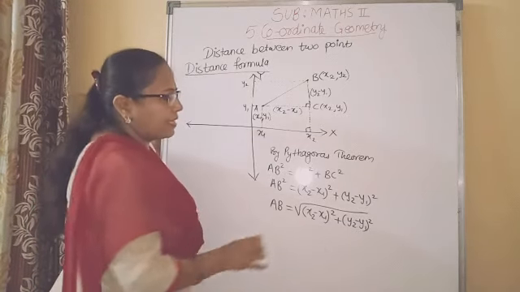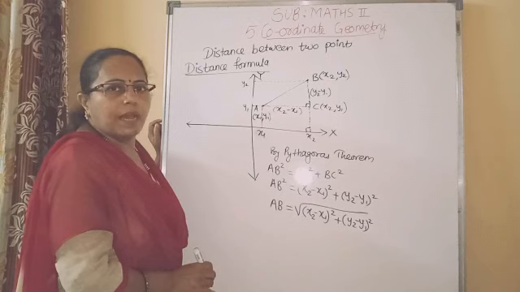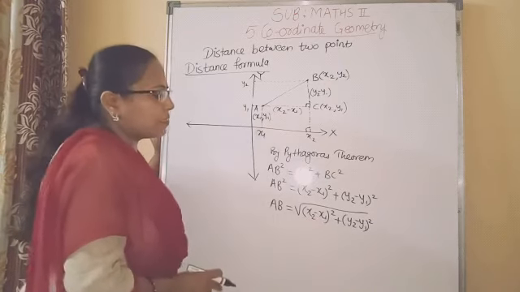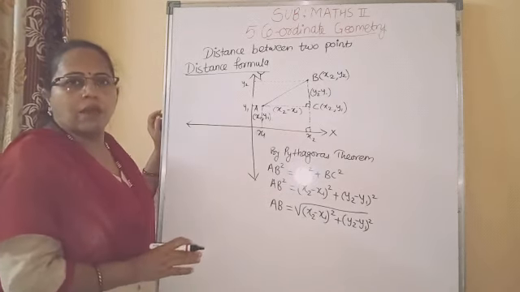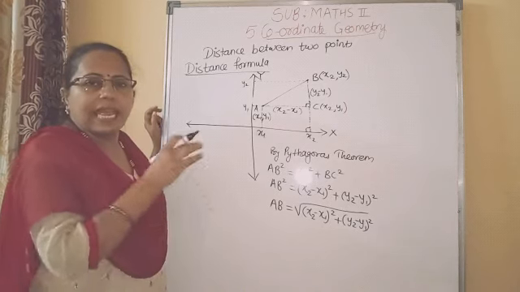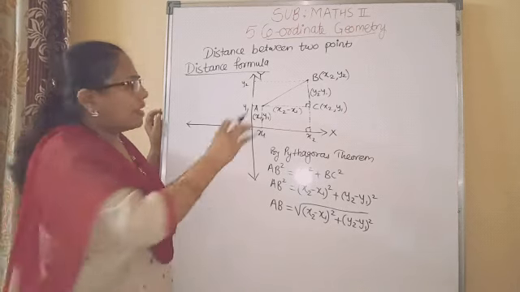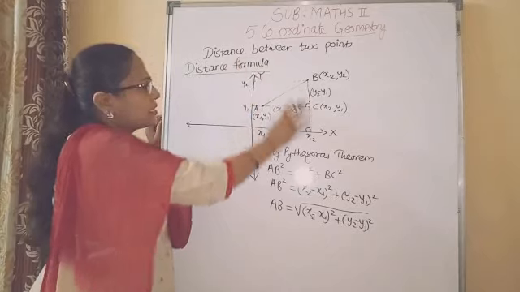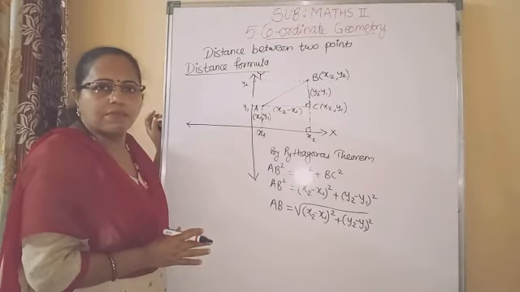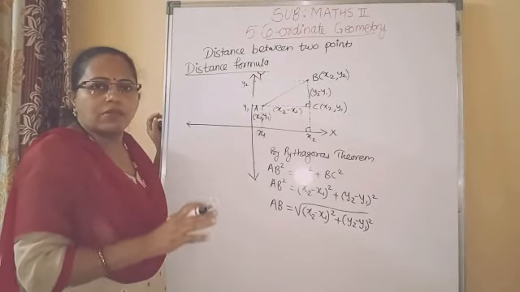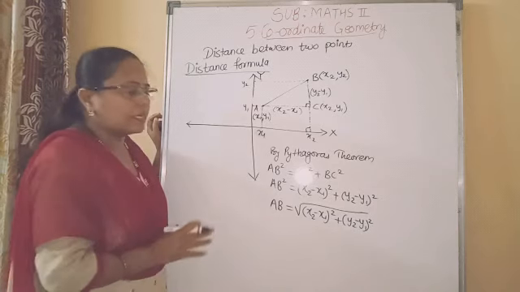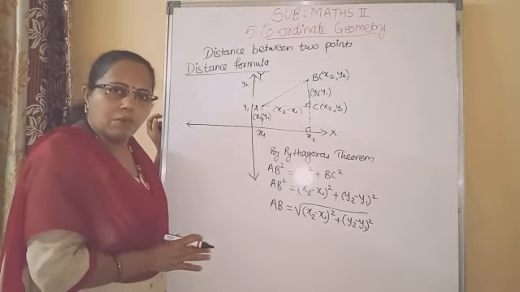This is called the distance formula. Using this distance formula, we can find out the distance between any two points wherever the points lie in this Cartesian coordinate system. Once we know the coordinates of those points, we can find the distance between them.